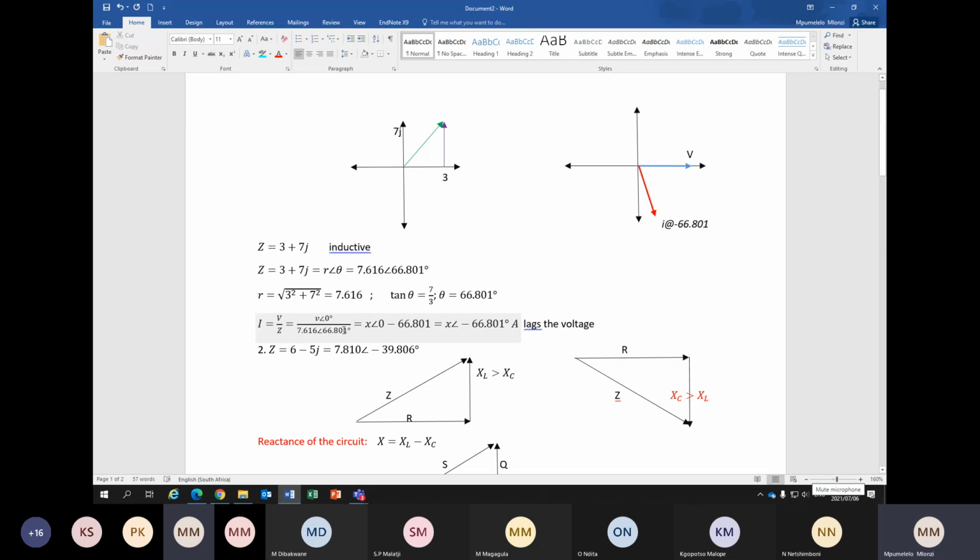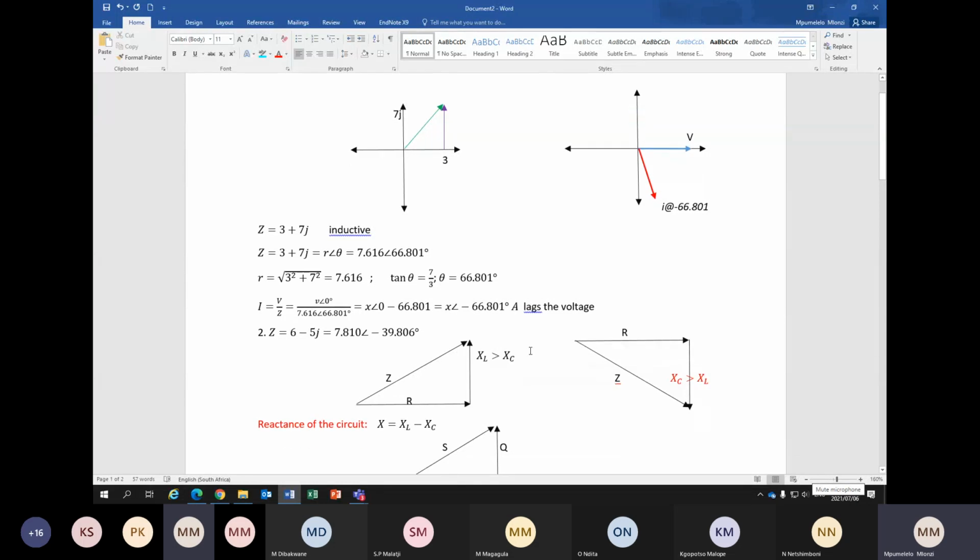If the impedance has a positive angle and the voltage is at 0, the current will be at a negative angle and the current is said to be lagging. If the impedance angle is negative and the voltage remains at 0, the current will be at a positive angle and the current will lead the voltage.